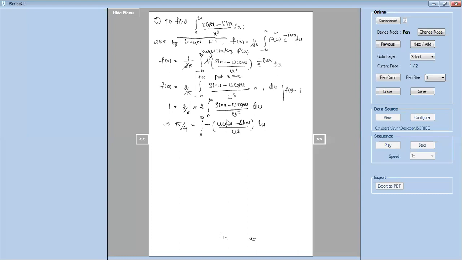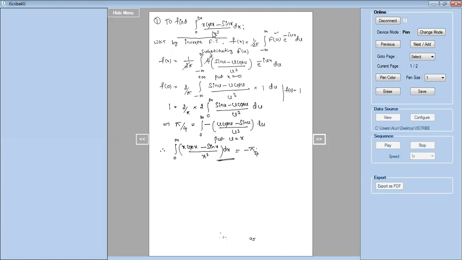Because it is a definite integral, if I put u is equal to x also, nothing will change. So straight away I'll put u is equal to x. So therefore we get integral 0 to infinity of x cos x minus sin x divided by x cube into dx, is equal to, taking this minus to the left hand side, minus pi by 4.